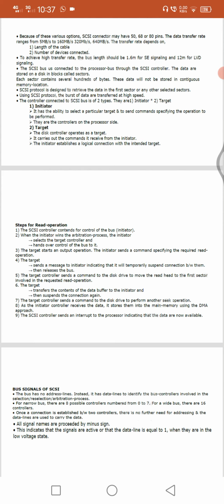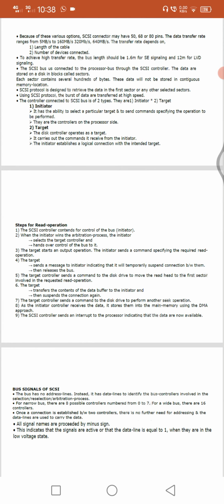The initiator sends a command specifying the required operation. That means in order to perform a read operation, the SCSI controller initiates the process with the help of the initiator.